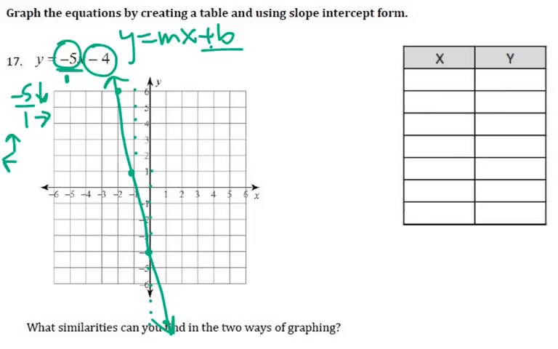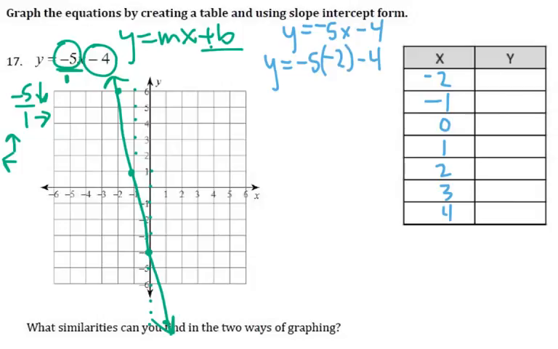Alright, so now if we made a table of it, remember with the table we've got our two variables x and y. We pick some numbers, so like -2, -1, 0, 1, 2, 3, 4. Okay, then we plug some in. So we start with -2.